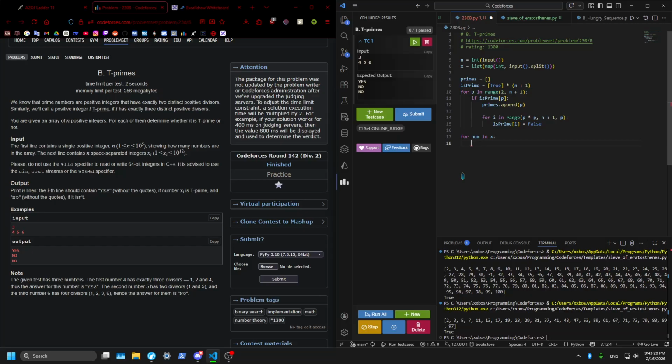For num in x, what do we do? We square root it.